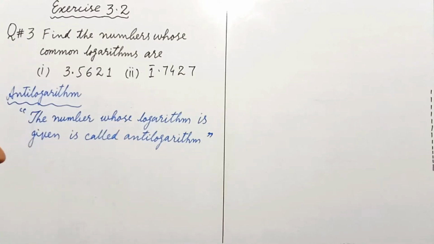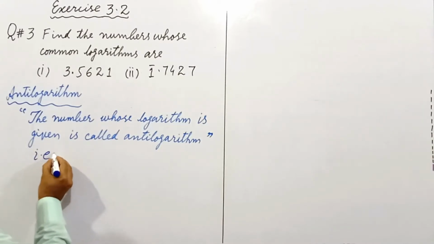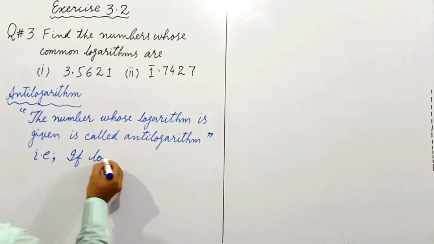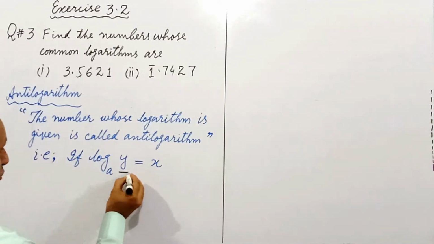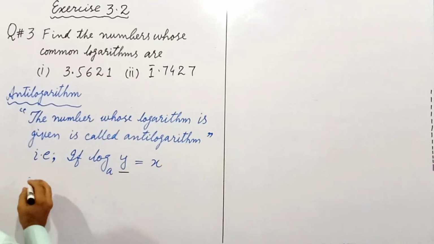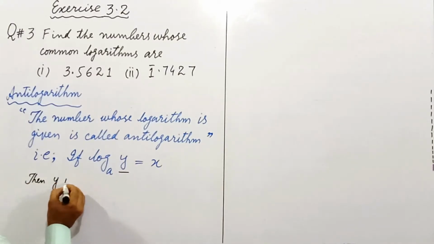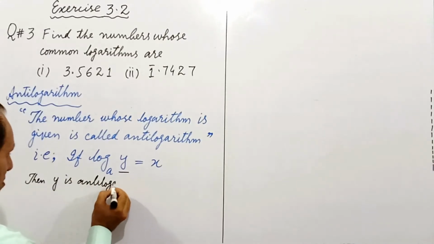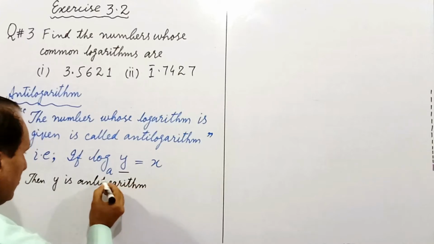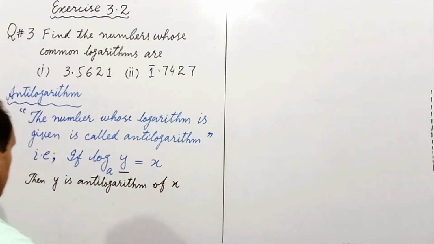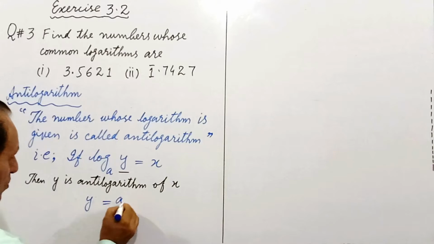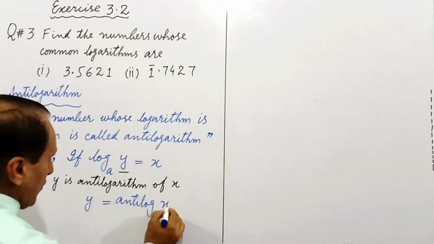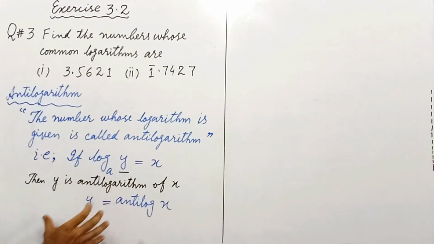I hope that is very easy to memorize, but symbolically we write it as: if log y to the base a is equal to x, then y is the anti-logarithm of x. Symbolically, we can write y is equal to anti-log of x. That is the basic concept of anti-logarithm.